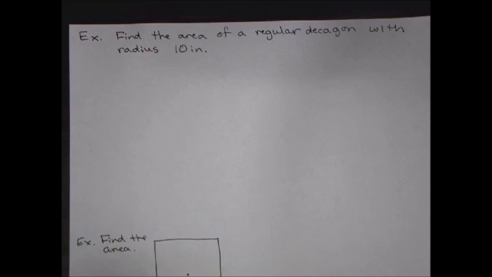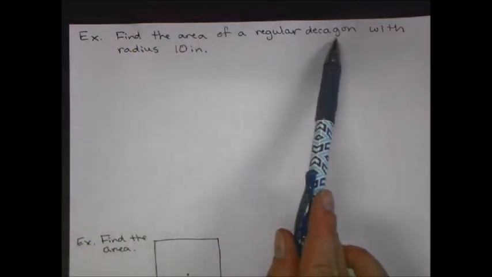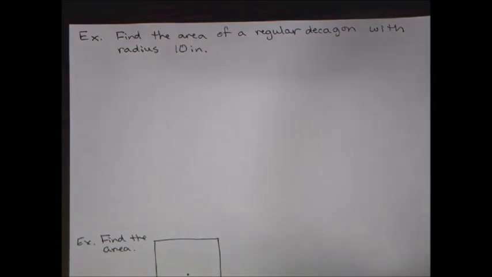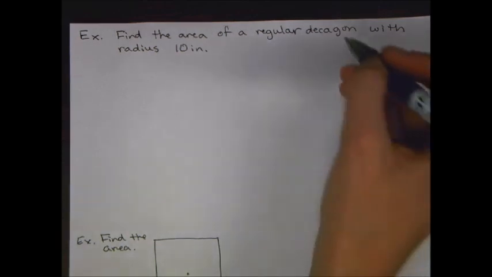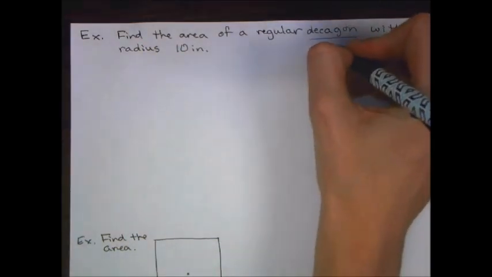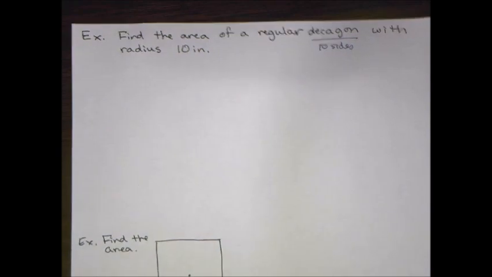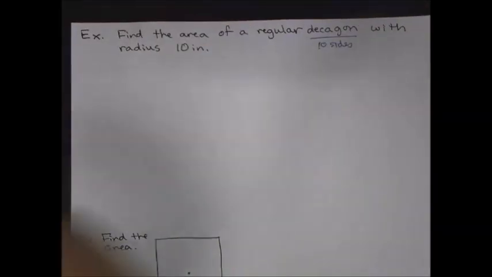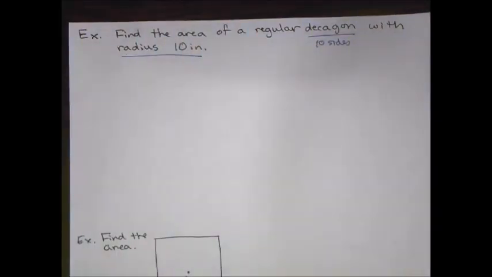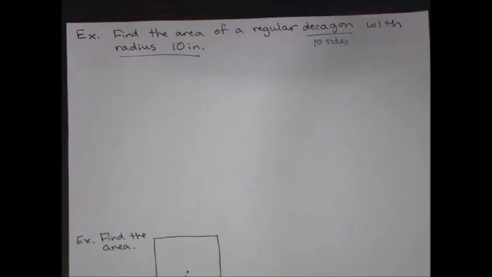2 more examples. Here we're going to find the area of a regular decagon with radius of 10 inches. Now decagon means we have 10 sides. And here we're given the radius.